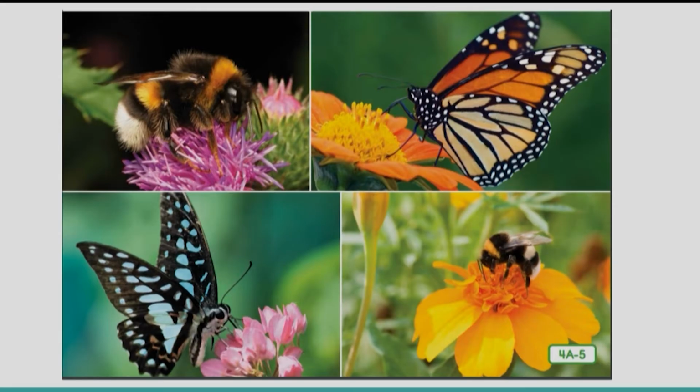There are many types of pollinators, such as birds and small animals, but insects are the #1 pollinators of flowering plants. The flowers of a flowering plant are designed to attract various pollinators, especially insects.